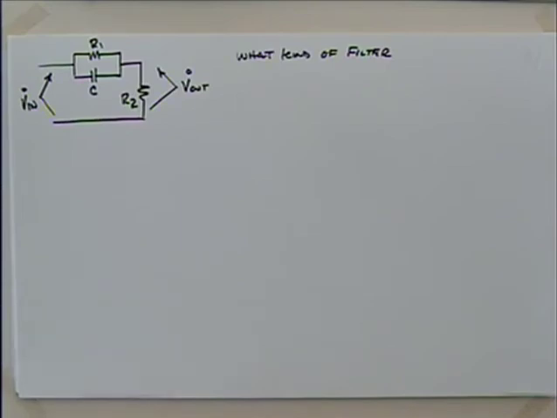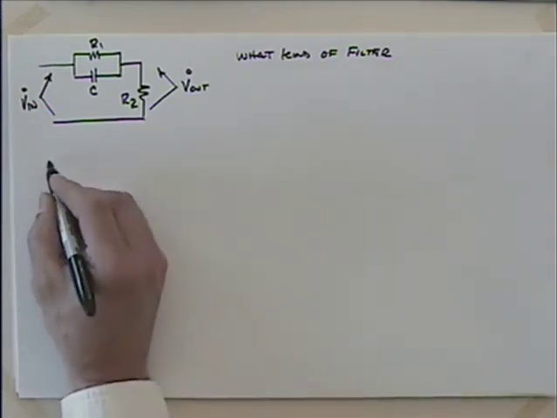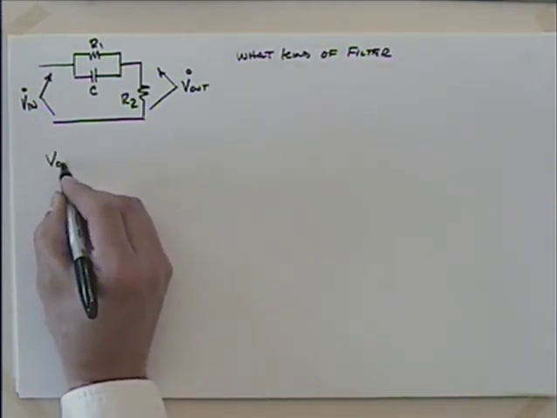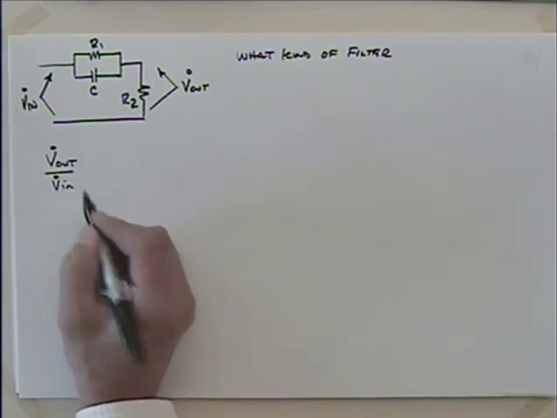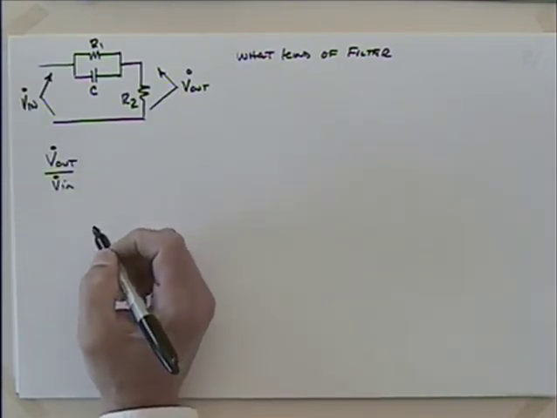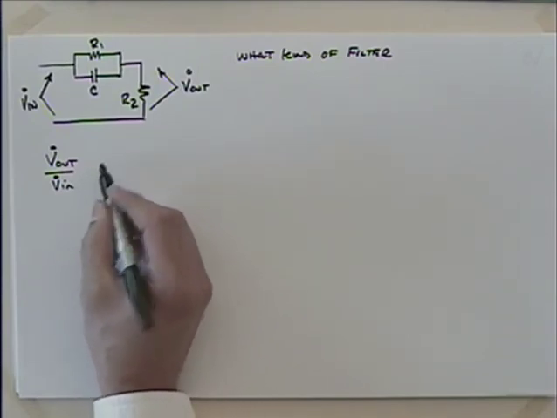So if I look at V out over V in, our transfer function, that would be equal to the transfer function.